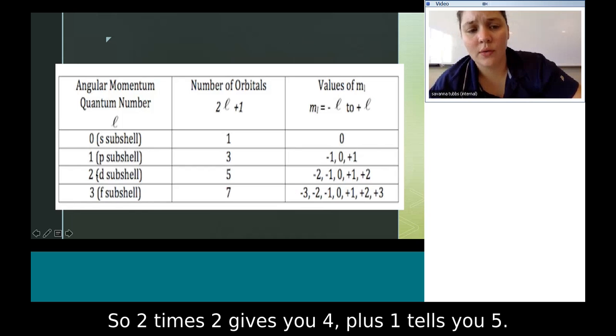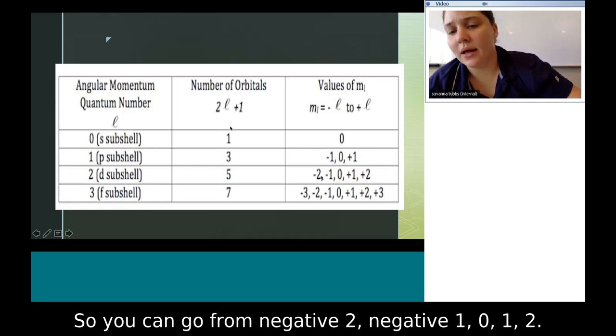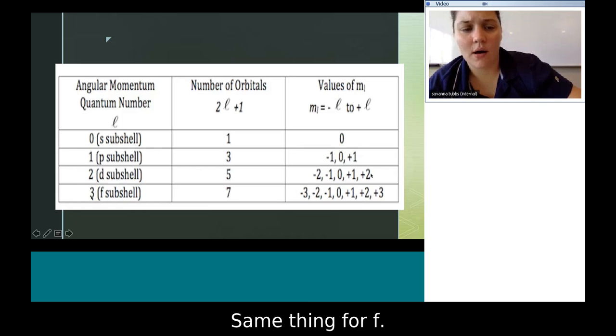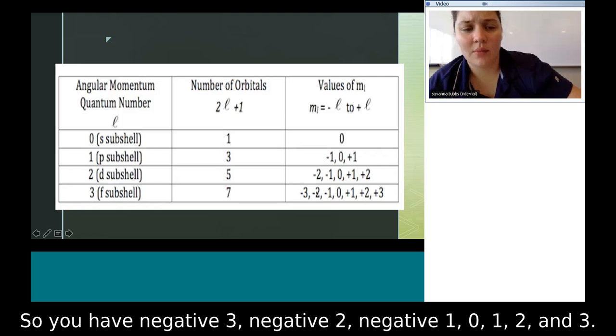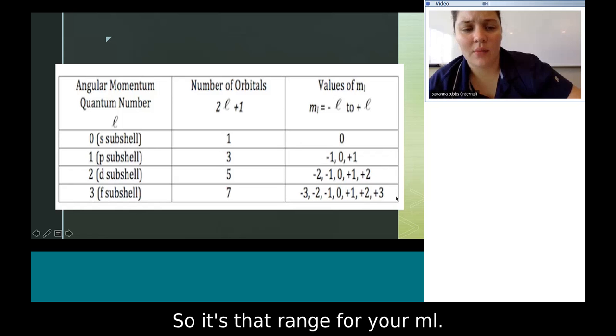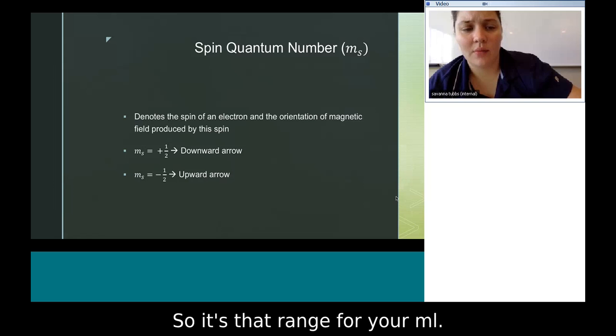So 2 times 2 gives you 4, plus 1 tells you 5. So you go from -2, -1, 0, 1, 2. Same thing for F. So 2 times 3 gives you 6, plus 1 will give you 7. So you have -3, -2, -1, 0, 1, 2, and 3. So it's that range for your ML.